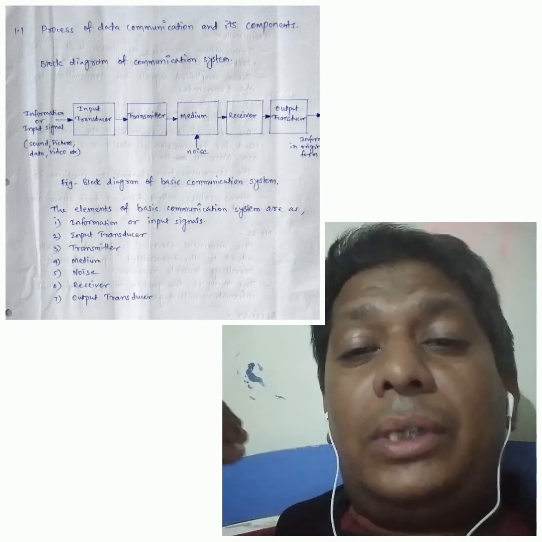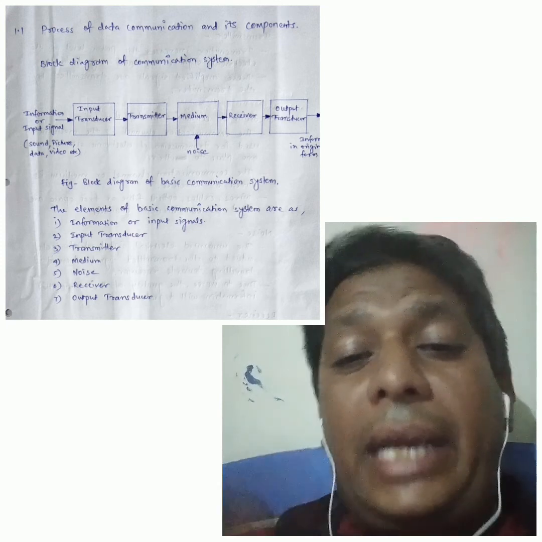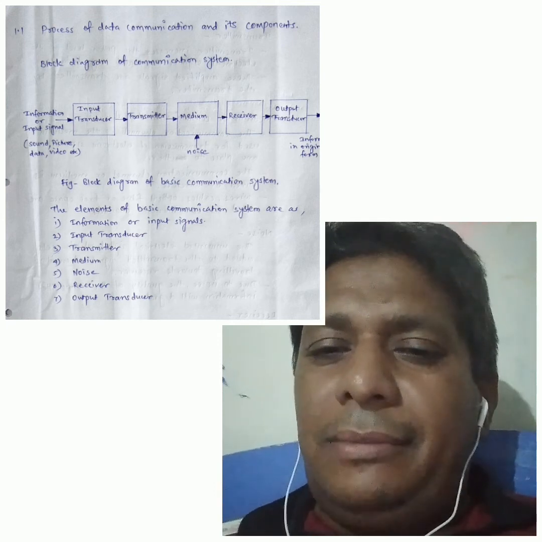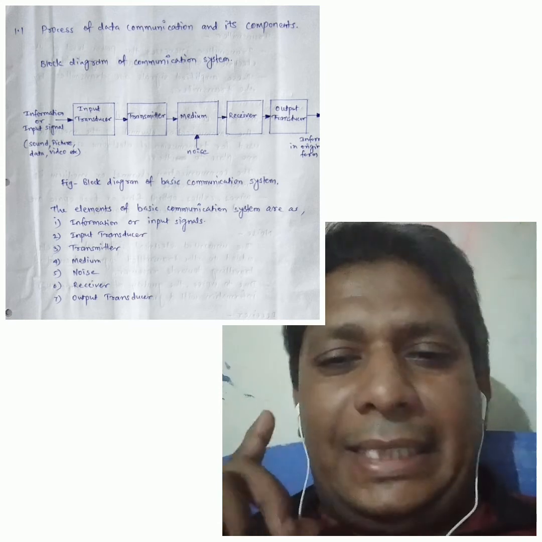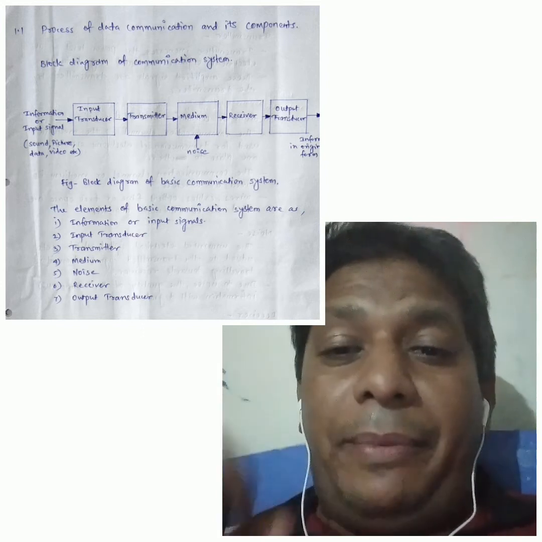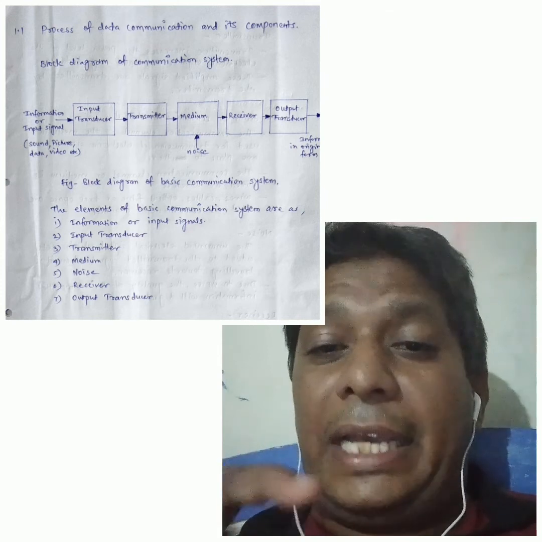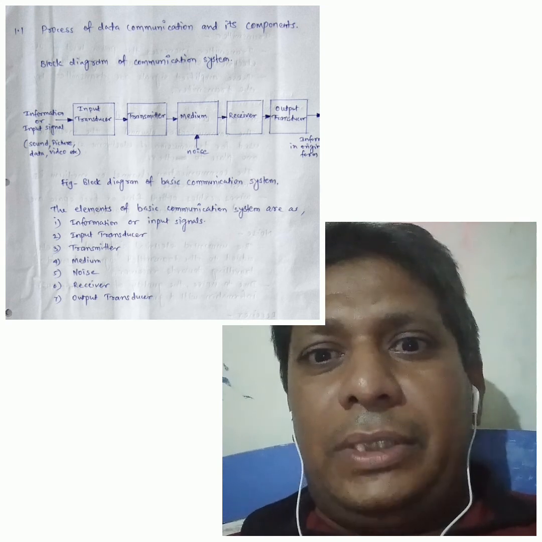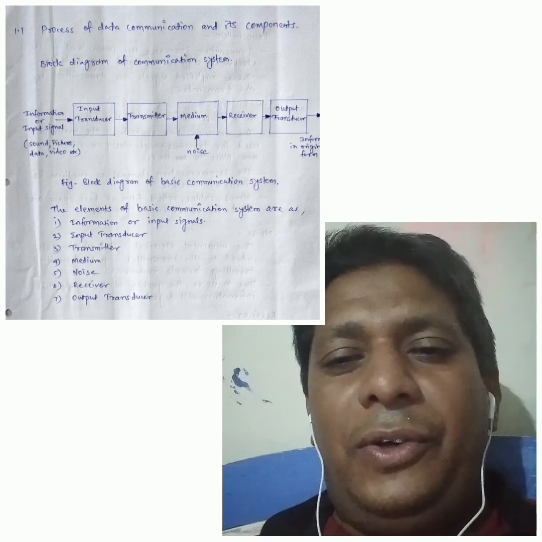The receiver gives it to the output transducer, and the electrical signal is again converted into the original form, that is, your original sound, picture, etc. So finally, what we learn is that information in the form of sound, pictures, videos, data, etc. is converted into electrical form, and the electrical signals are converted back into the original form, that is sound, videos, etc.